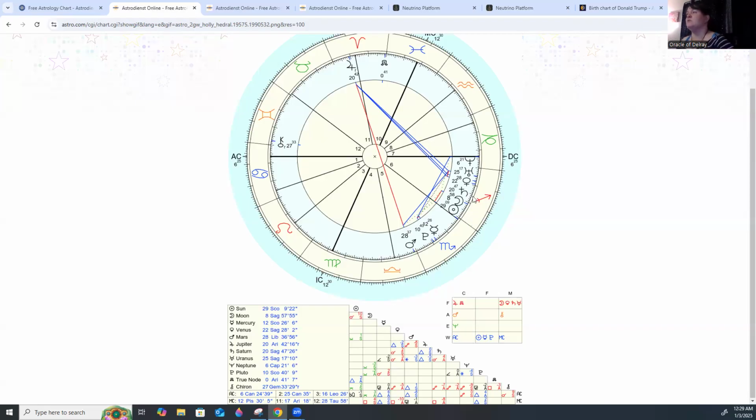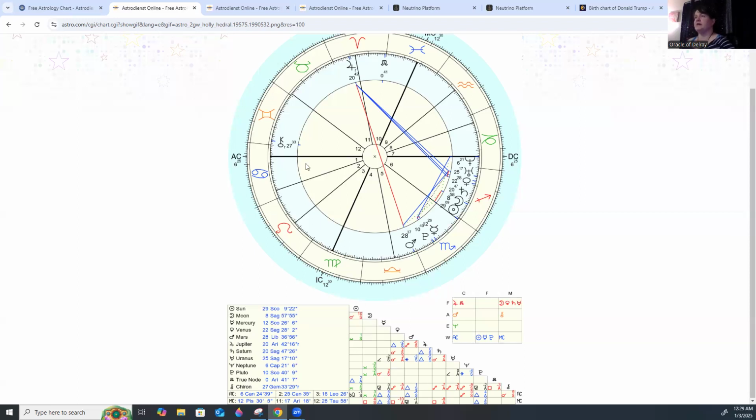It's how slowly they move through the signs. So I have Neptune at 6 degrees Capricorn, and so on and so forth. This is Chiron, the asteroid, and the north node. It's a point where if a full moon or new moon occurs when this north node is here, it will be an eclipse. And there's my little Jupiter up in 20 degrees Aries.